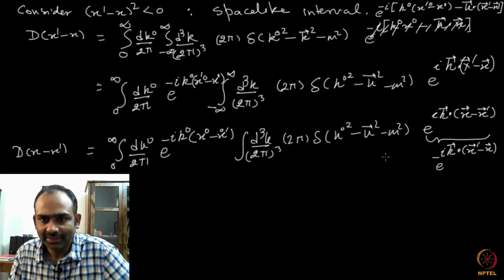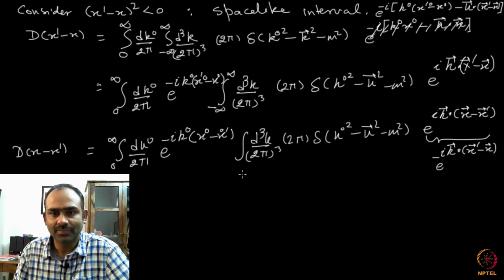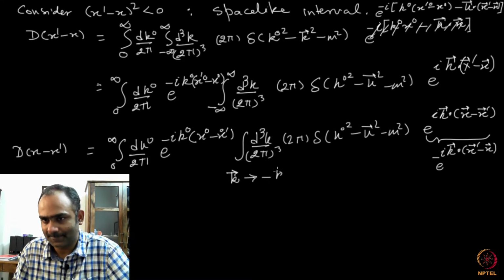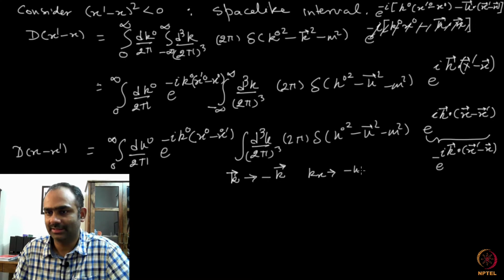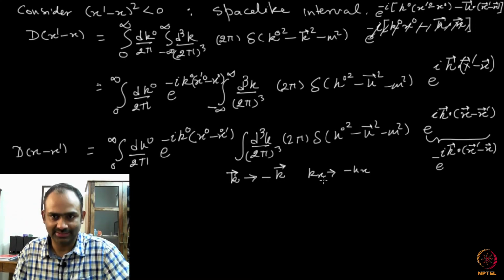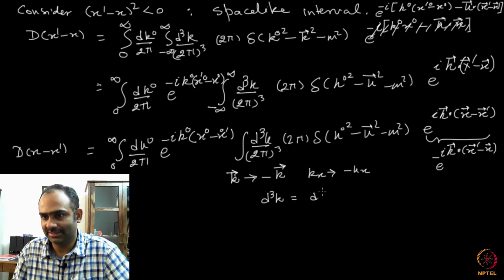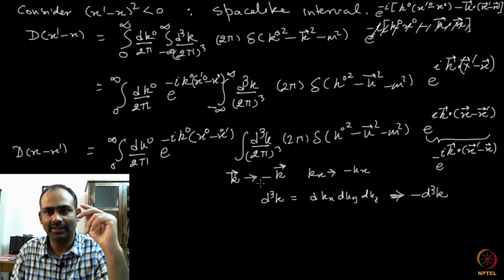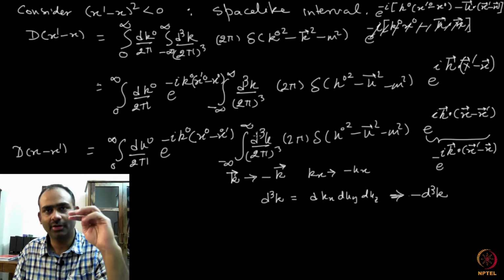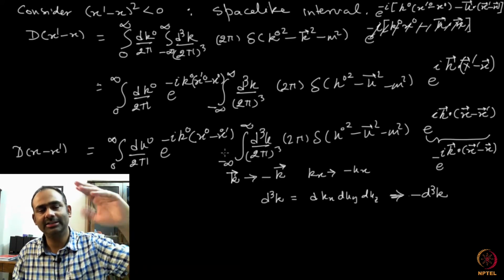Okay, that's fine. Now what I can do is a change of variable and go from k to minus k, which means that kx goes to minus kx, ky goes to minus ky, kz goes to minus kz. If you do that, then your d cube k, which is basically dkx, dky, dkz, will go to minus d cube k, and the integration limits, instead of minus infinity to plus infinity, will get reversed.